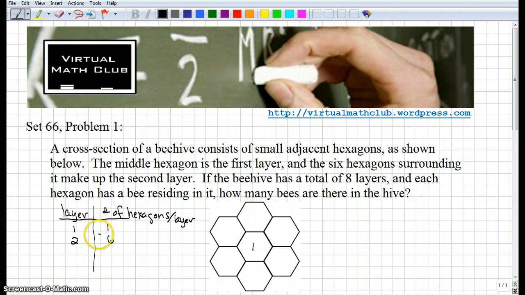And then to get the total number of hexagons, we could just add them up. But I'm going to look for a pattern here in the hexagons. So let's see what would happen if we added another layer. We would add 1 here, right?